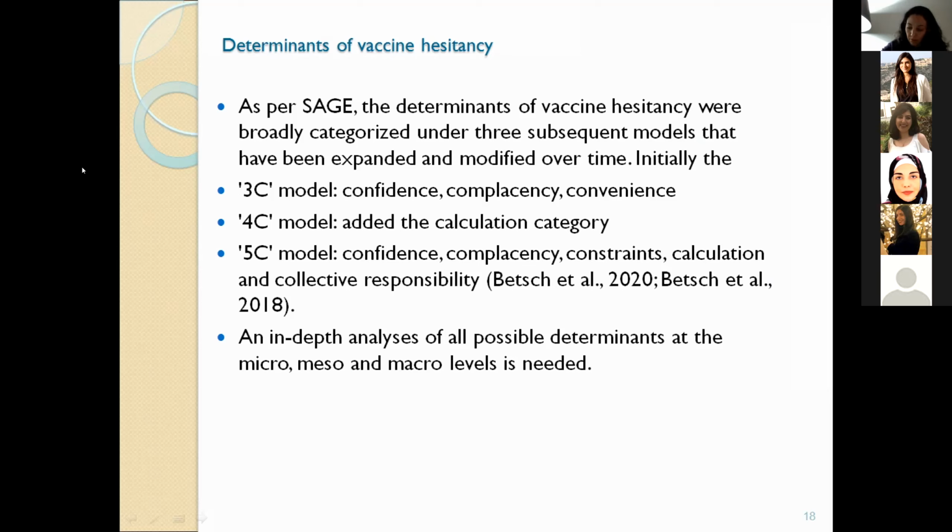They removed convenience and replaced it with constraints, and they kept calculation. And they added collective responsibility, which has to do with the social norms. Is it going to benefit me versus benefit the community or the society? If it was a nurse, is it going to benefit me and protect my patients? So this is called the collective responsibility towards vaccination.